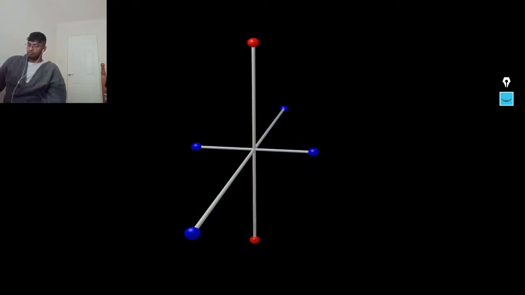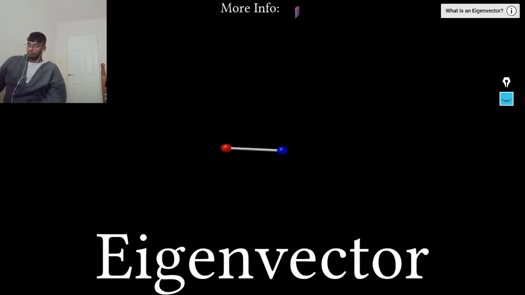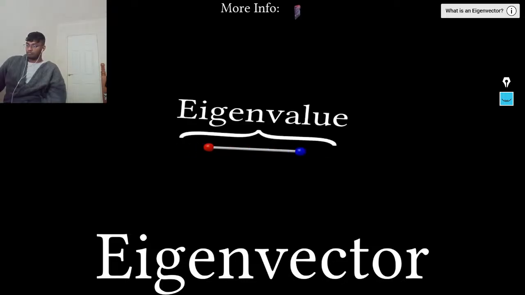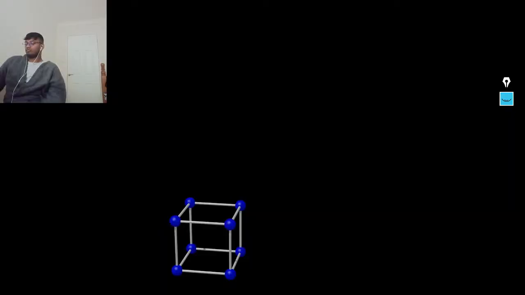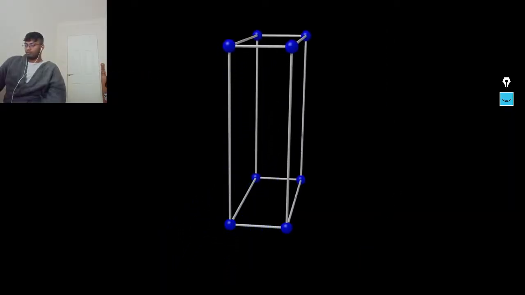Now, let's think of this problem a little differently. During matrix transformation, most vectors will stretch and rotate. However, there are certain vectors that only stretch and do not at all change direction. These vectors are known as eigenvectors, and the amounts by which they stretch are known as eigenvalues. If we align the sides of our unit cube along these eigenvectors and perform a matrix transformation on each vertex in the cube, we'll find a rectangular prism that has not been skewed at all.